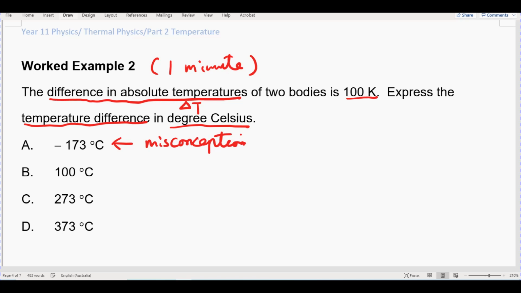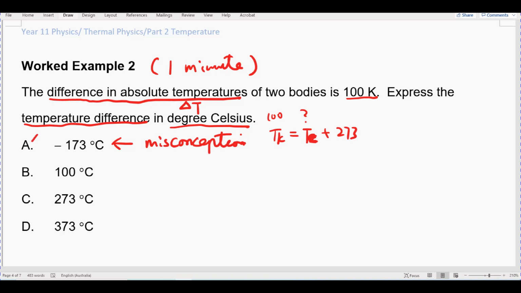Possibly you have used this formula. You try to put 100 here for the Kelvin temperature, and you don't know TC, so that's 100 take away 273, and that's why you got -173.